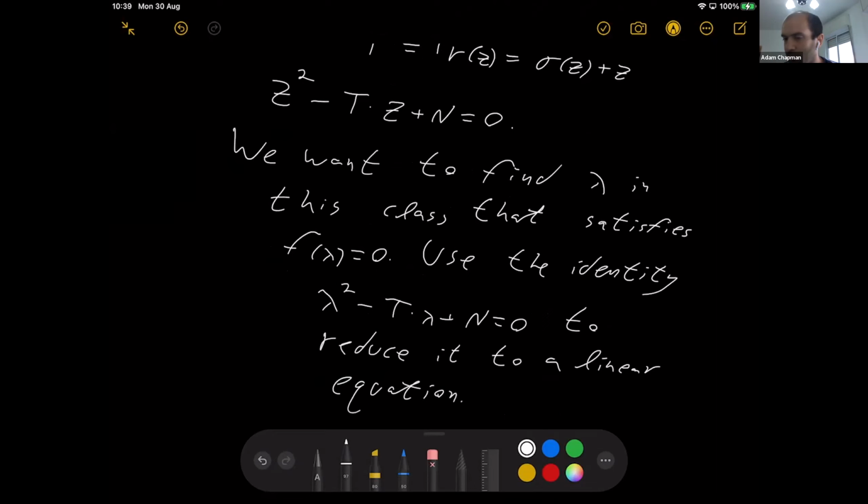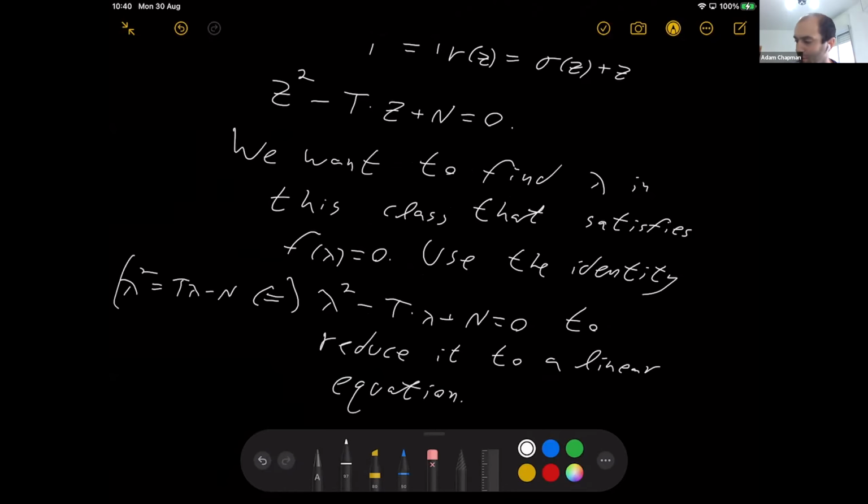You can isolate lambda squared, so lambda squared is t times lambda minus n.